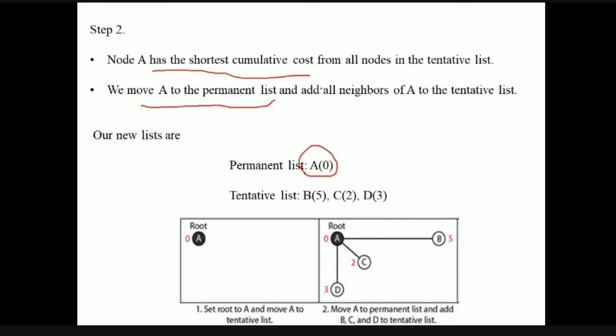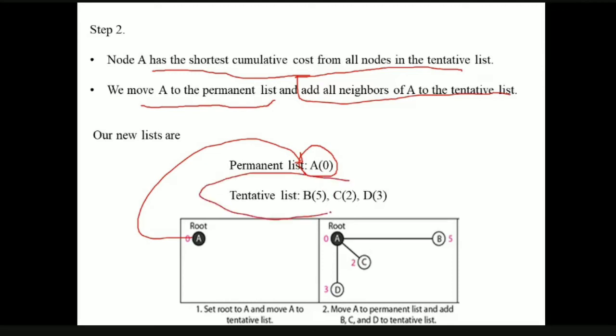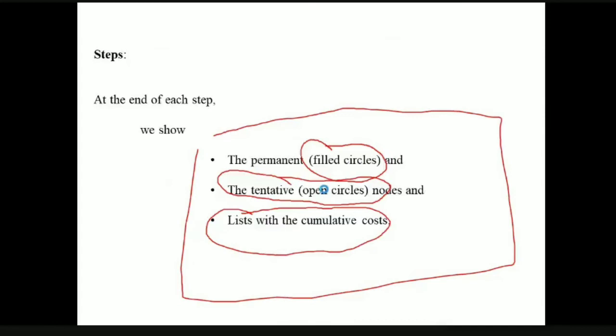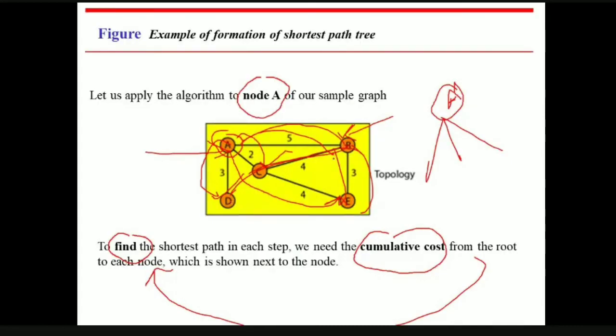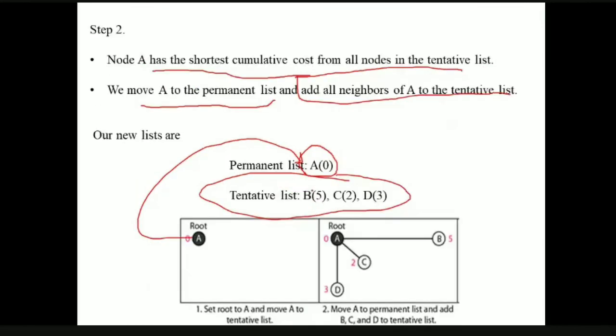Now what are we going to do? Soon after we add A to the permanent list, we have to add all the neighbors of A to the tentative list. What are the neighbors of A? If you see here, B, C, and D only, right? So these neighbors of A, B, C, and D, must be added to the tentative list.